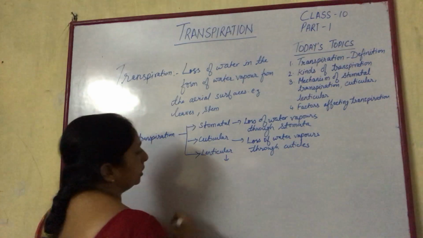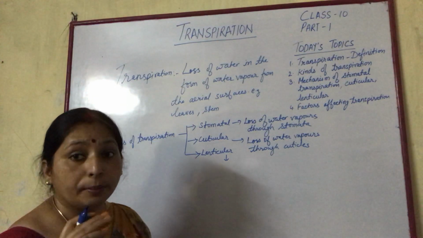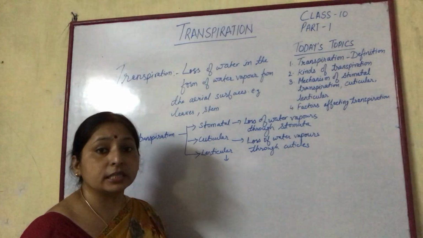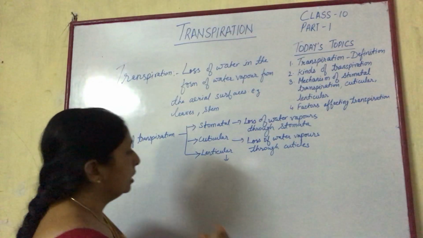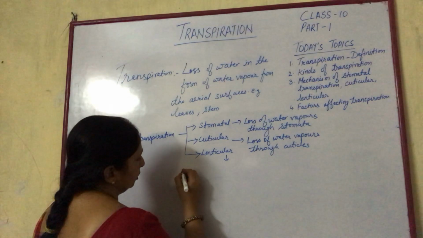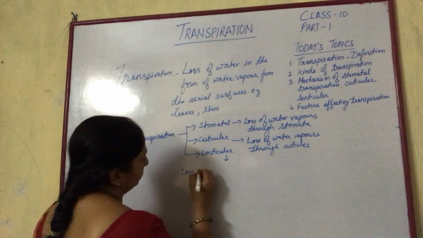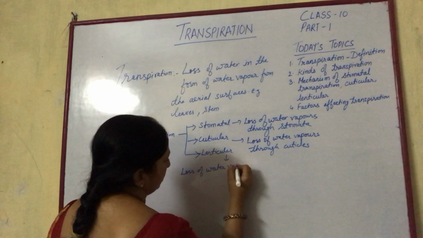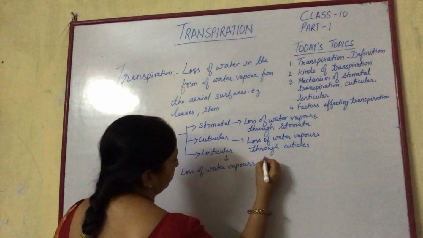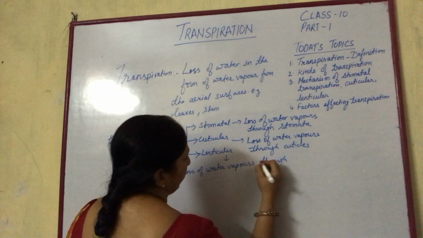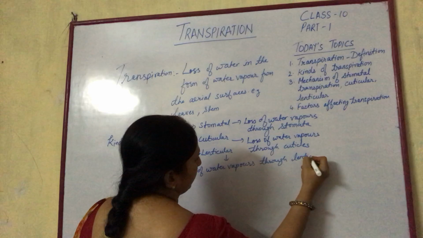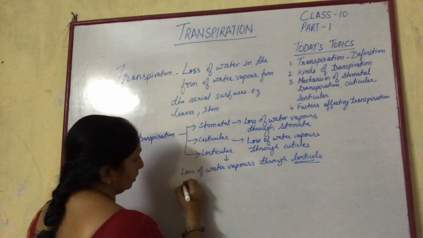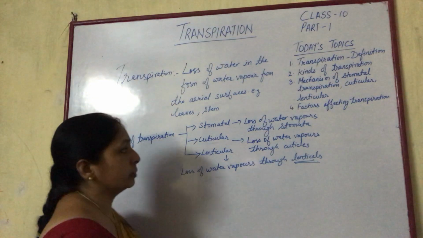Next is lenticular transpiration. Lenticels are minute openings on the woody stem or bark of the trees. So the loss of water vapors through lenticels is known as lenticular transpiration.